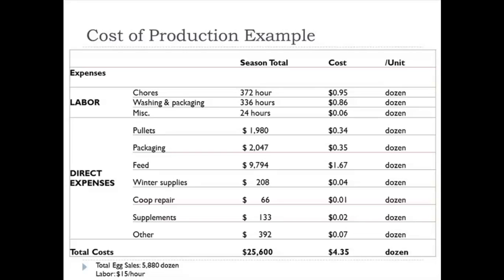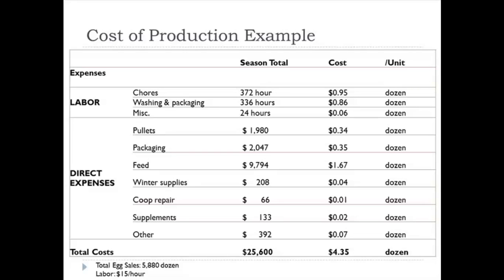You'll see at the bottom they assumed $15 an hour, and they sold 5,880 dozen eggs. So when you take the 372 hours times $15 an hour, they have a total labor expense divided by the number of dozens of eggs they sold, which is the cost per dozen for all the chores. And they did that similarly for the 3 different labor categories.